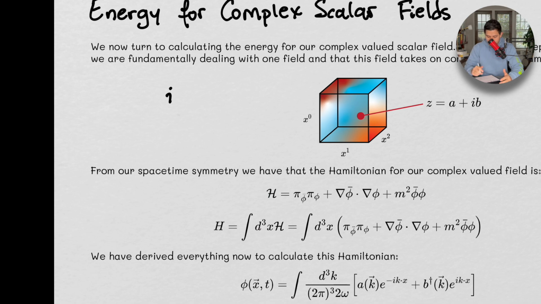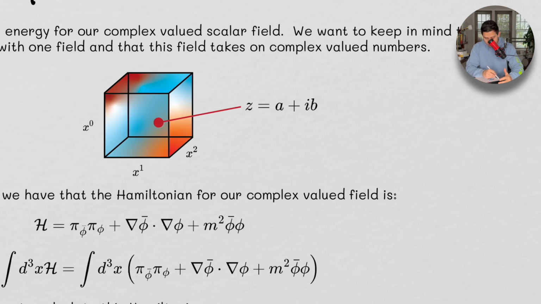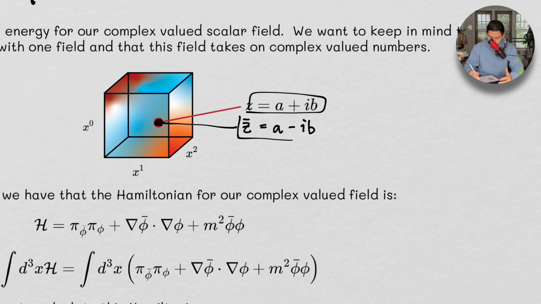So suppose you have this complex number z, and it has its conjugate. Its complex conjugate is this guy, and that's equal to a minus i b. And at every point in our space, we have a complex number and its conjugate.